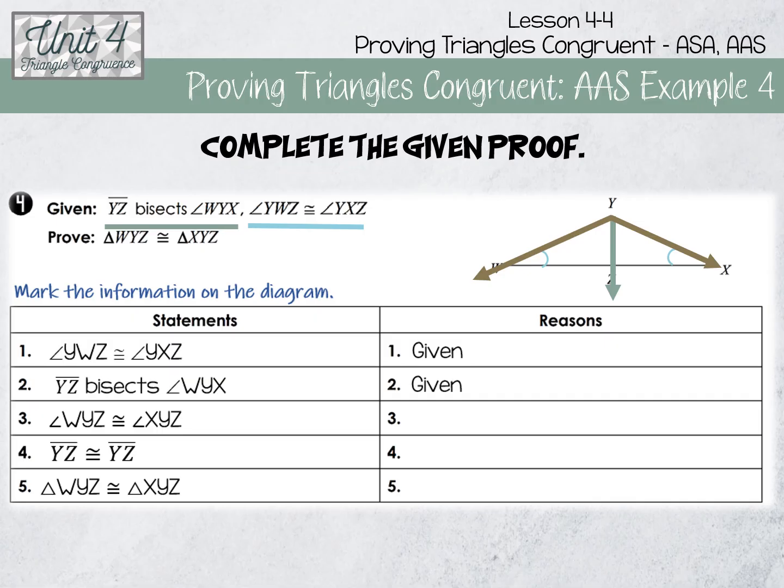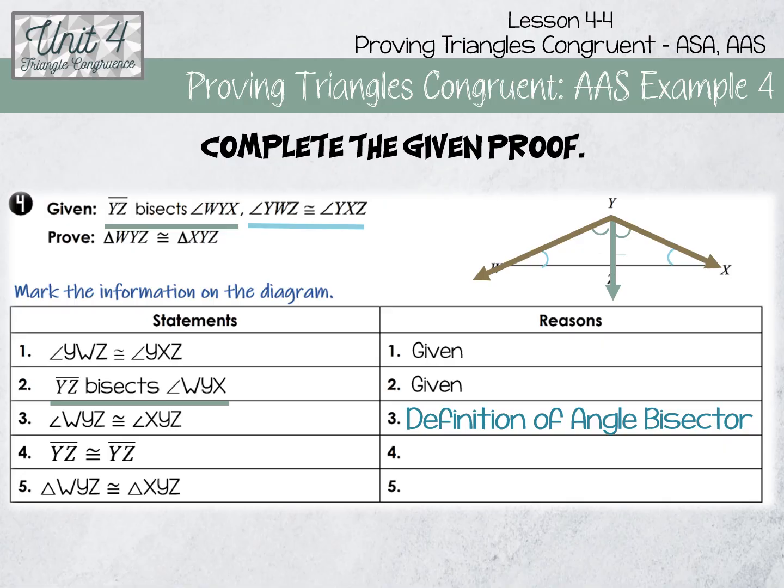Now it says angle WYZ is congruent to angle XYZ. That was given. There we go. One arcs, but different colors. Okay. Does not mean they're congruent to the other set of marked angles. But that's by definition of angle bisector.